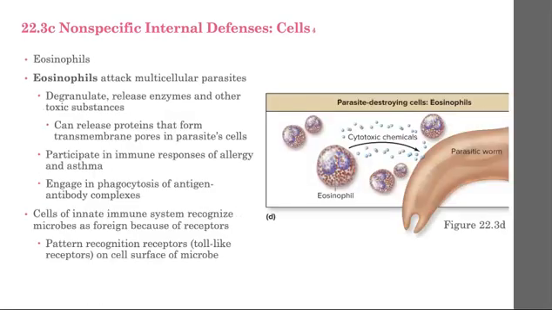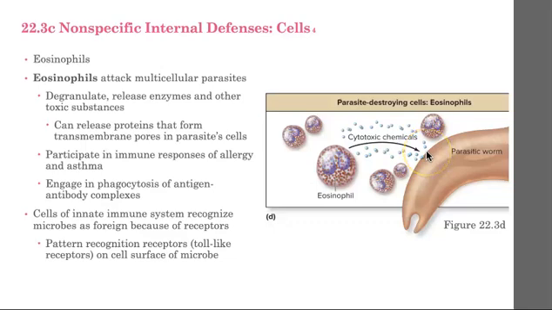Now let's talk about what happens when you get infected with a multicellular parasite such as a parasitic worm. Our eosinophils, which are white blood cells, are going to help combat these types of infections. They degranulate and release enzymes and other toxic substances, and they can release proteins that are going to form a transmembrane pore in the parasite cells.